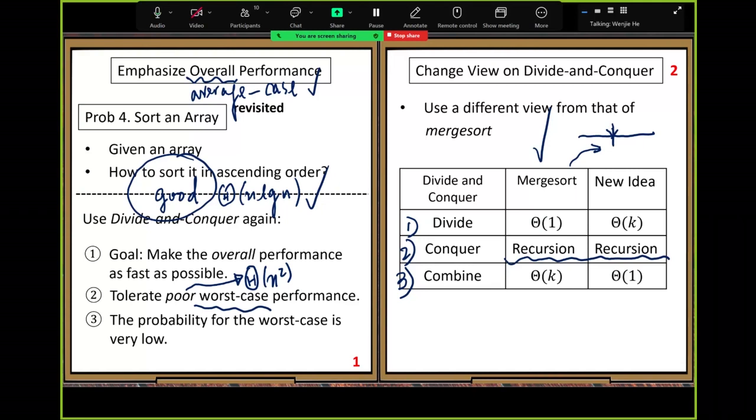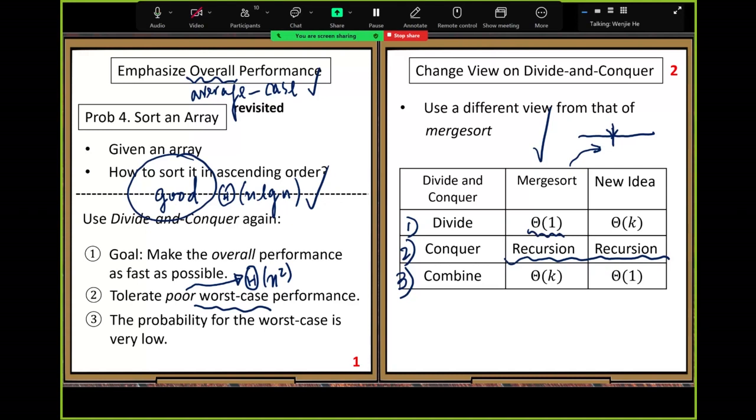You just look at the indices, find the index of the midpoint, and then you get two subarrays. That's your split. So the amount of work you need to do is minimum. Here we use big theta of 1. That means the minimum amount of work.